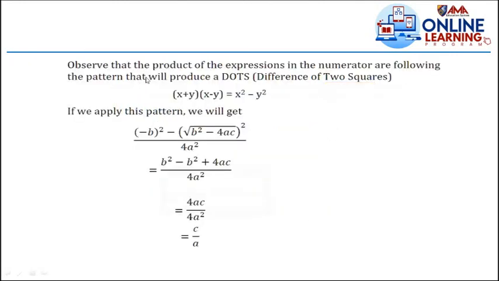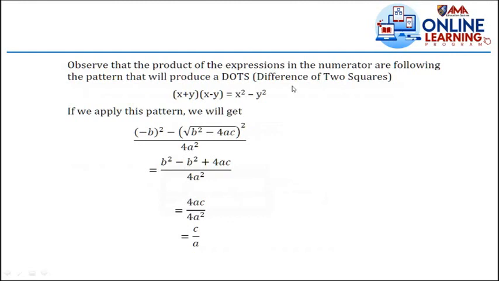With that, observe the product of the expression in the numerator follows the pattern which produces the difference of two squares. That is from factoring, no? We're going to factor a squared minus b squared. We have a plus b multiplied by a minus b.